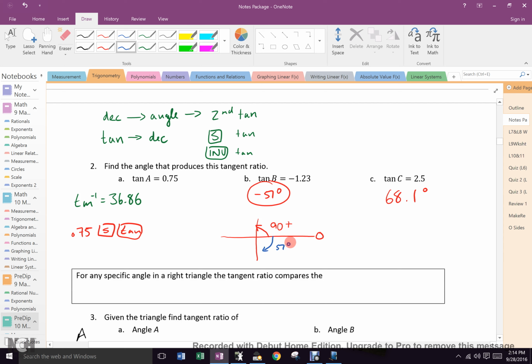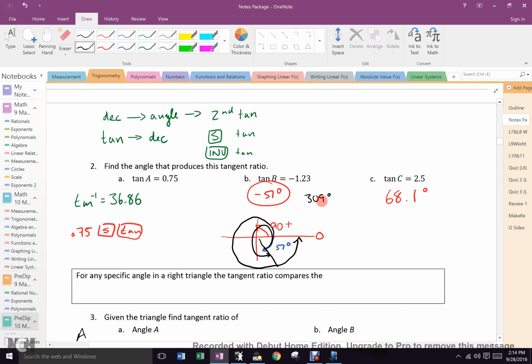Now you guys are smart kids, right? How many degrees is it all the way around to here? 360. But I'm going 51 degrees short of that. So what is this angle right here that I actually get to? 360 minus 51. 309.